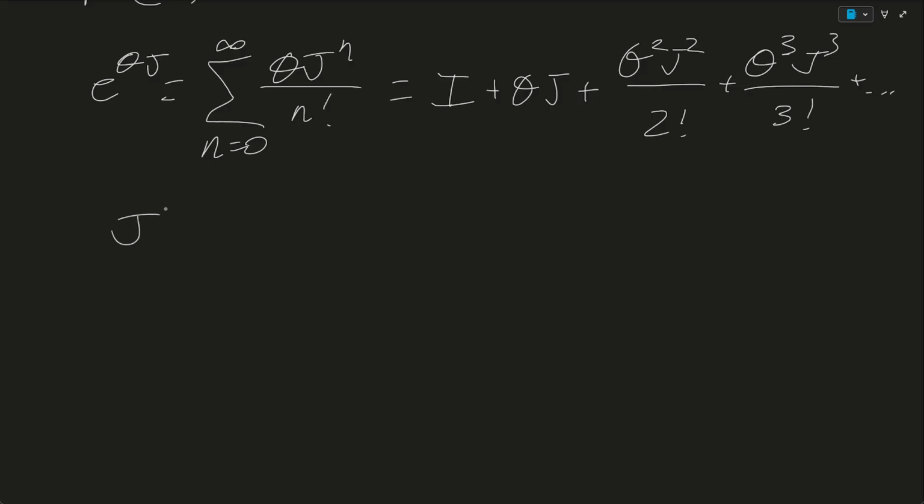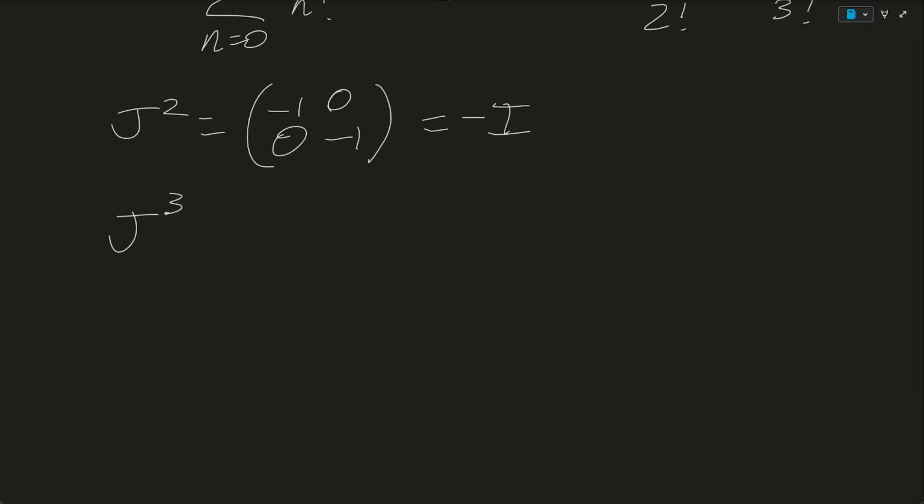J squared is minus 1, 0, 0, minus 1, which is just minus I. J cubed is going to be that times J, so that gives us minus J. J to the 4 is that squared, which is just I. J to the 5 is then positive J. You can see how we start to have a symmetry here: J, minus I, minus J, I, J, minus I, minus J, I, J. So we have a 4-periodic function.